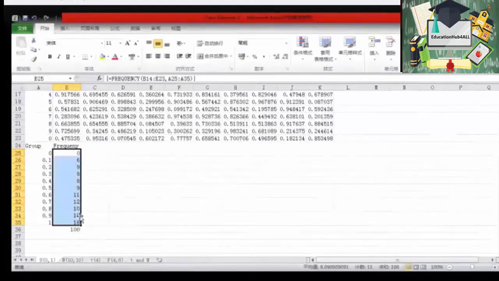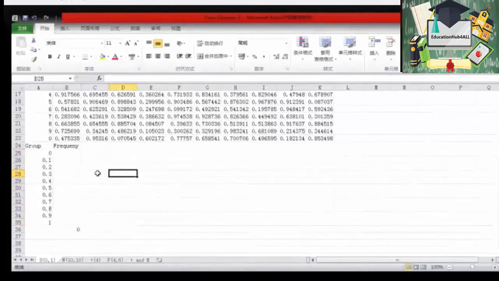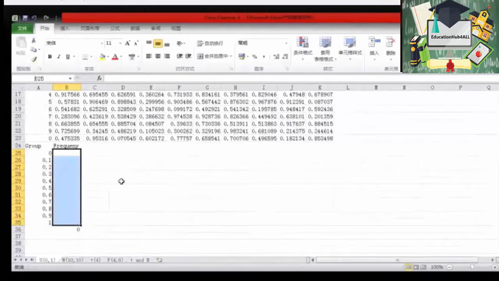Every group has a frequency, so the frequency is not just one value. We select these cells, and then we click frequency.